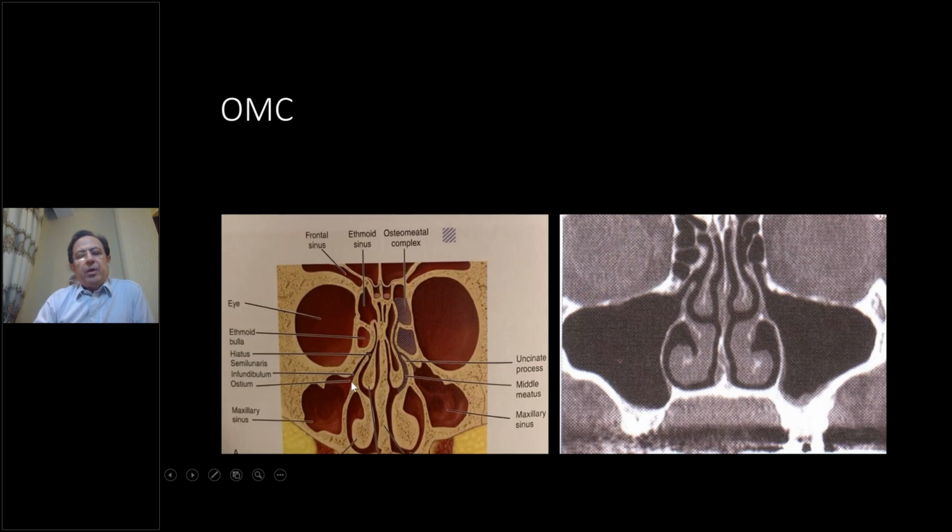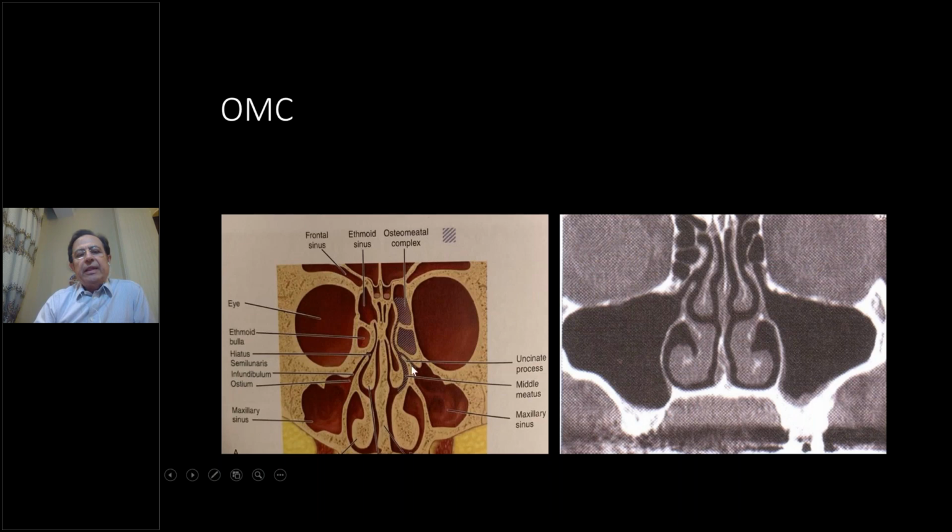In the upper part of the maxillary sinus is the ostium, which is the duct for drainage of the mucociliary secretion of the sinus and also foreign bodies, and this leads to the infundibulum, and in the lower part the uncinate process and ethmoidal process.